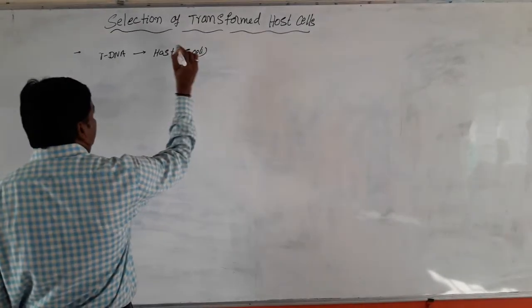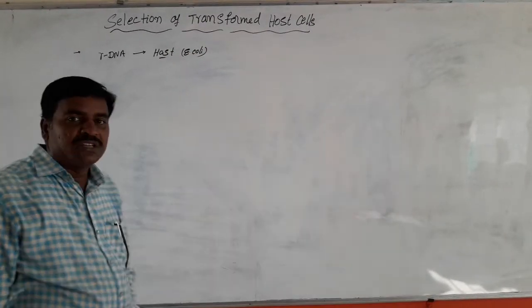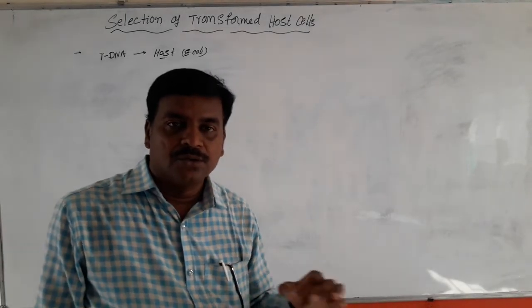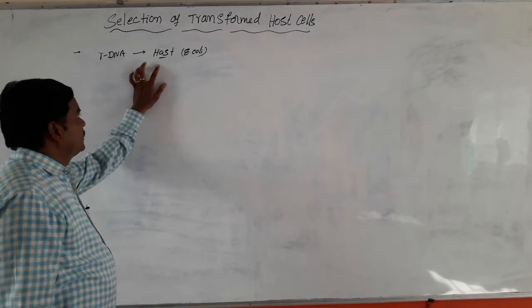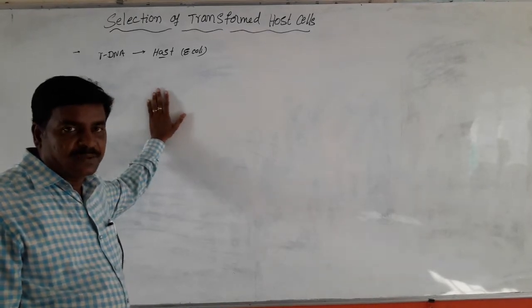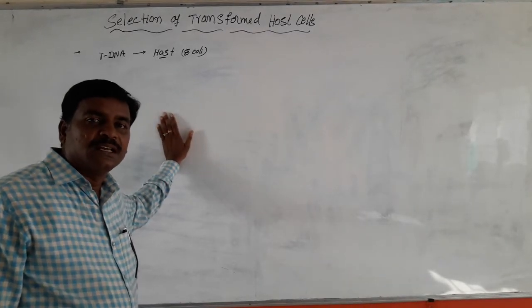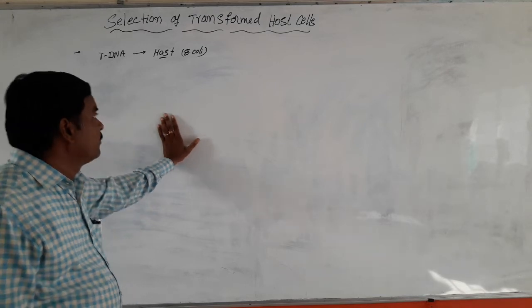E. coli bacterial cell can be used as the host in recombinant DNA technology. So recombinant DNA is inserted into the host; I already explained by which methods it is inserted into the host.